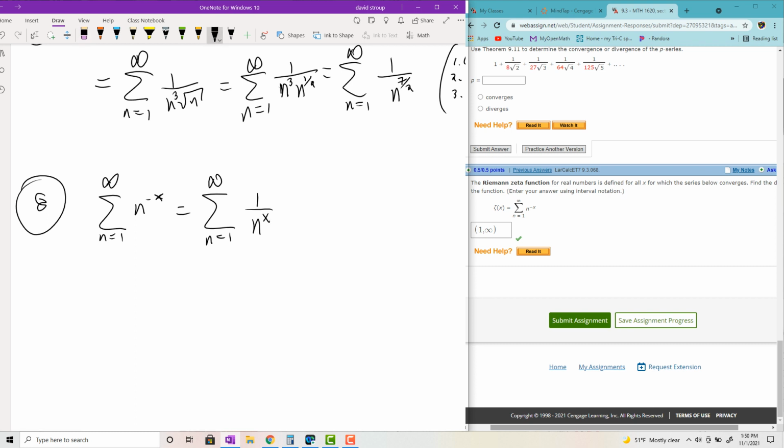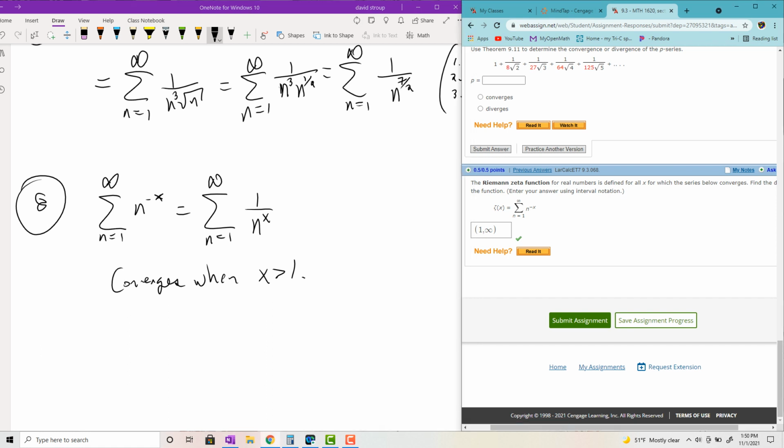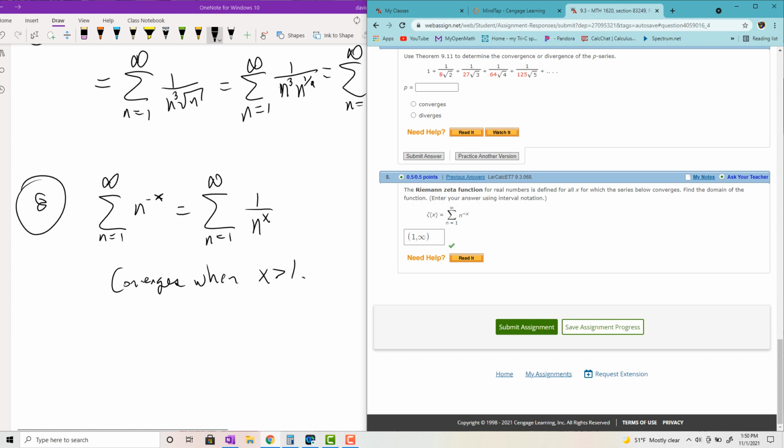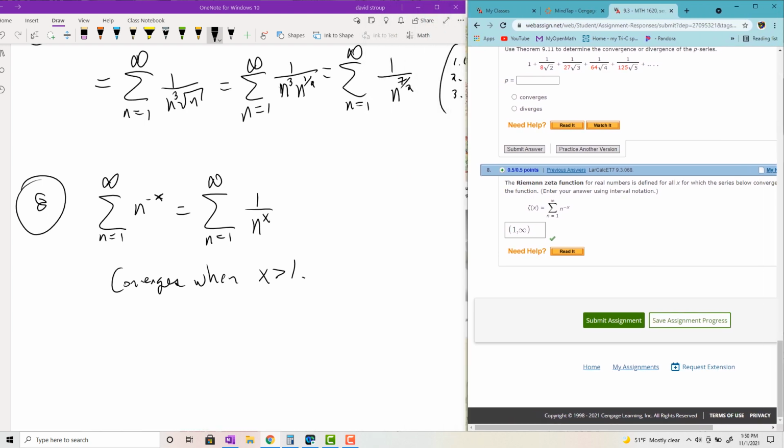We know this thing will converge when x, or p, is greater than 1. So this converges when x is greater than 1. They want you to write your answer as an interval, and you can see my answer over there, from 1 to infinity.